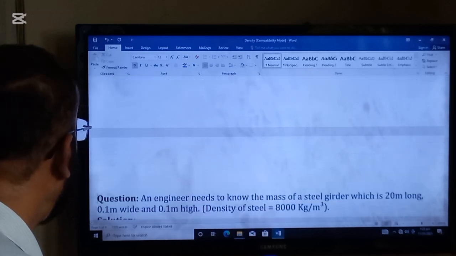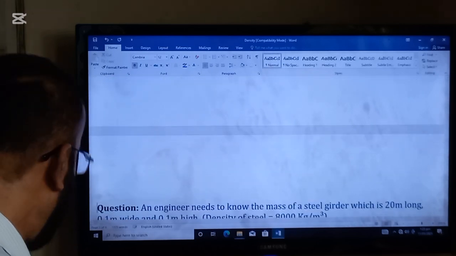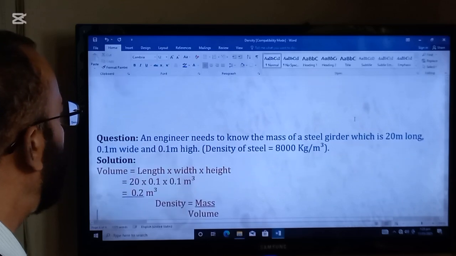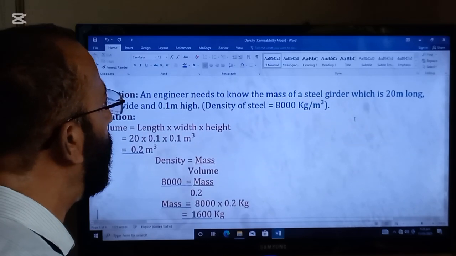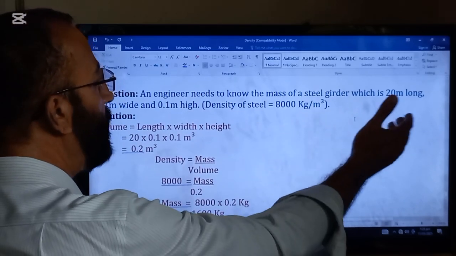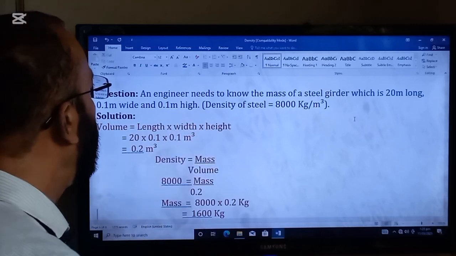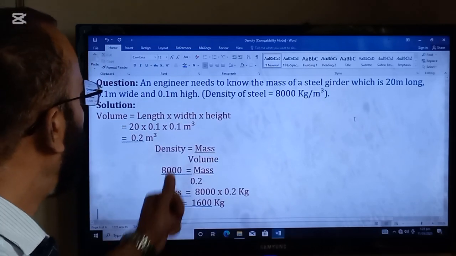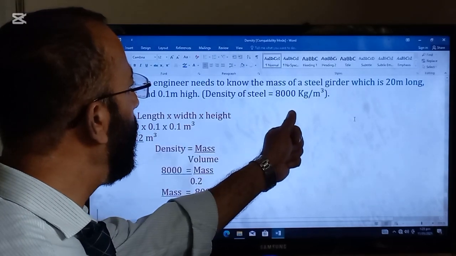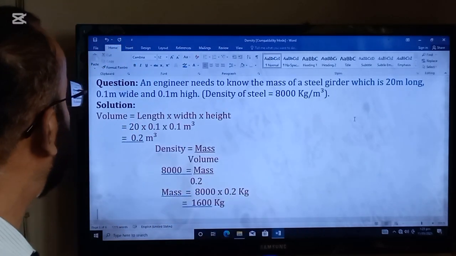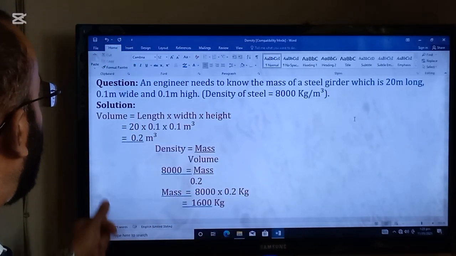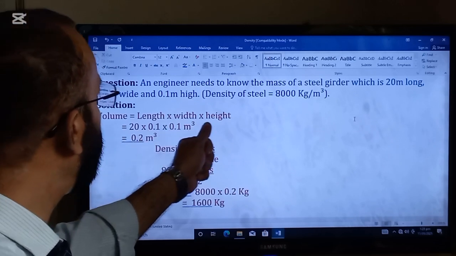And another question is here. An engineer needs to know the mass of a steel girder which is 20 meters long, 0.1 meter wide and 0.1 meter high. The density of the steel is 8000 kg per meter cube. Volume will be length times width times height.